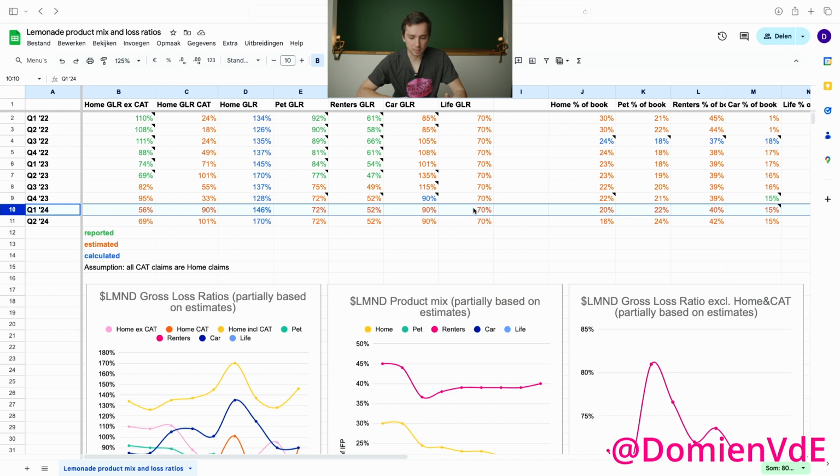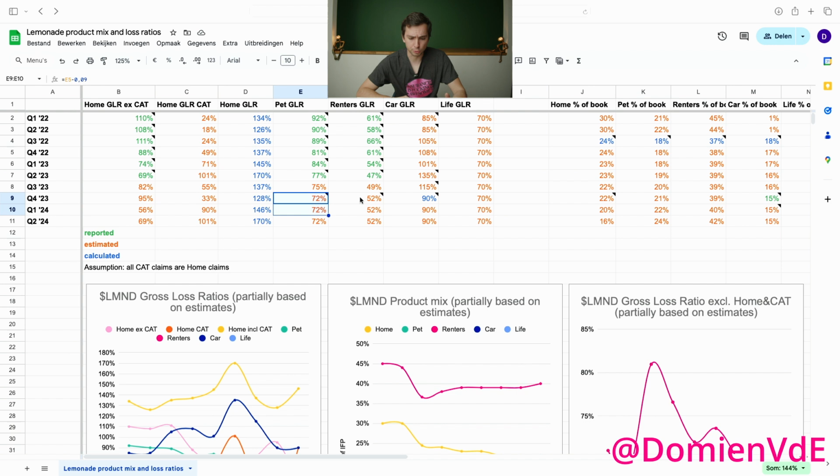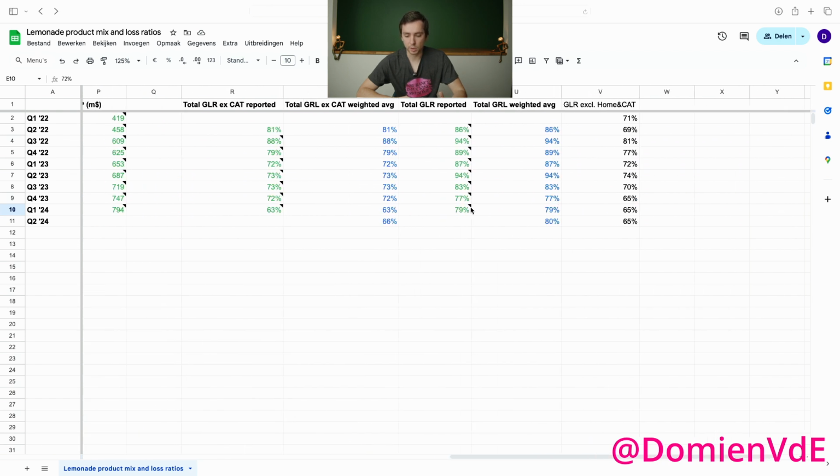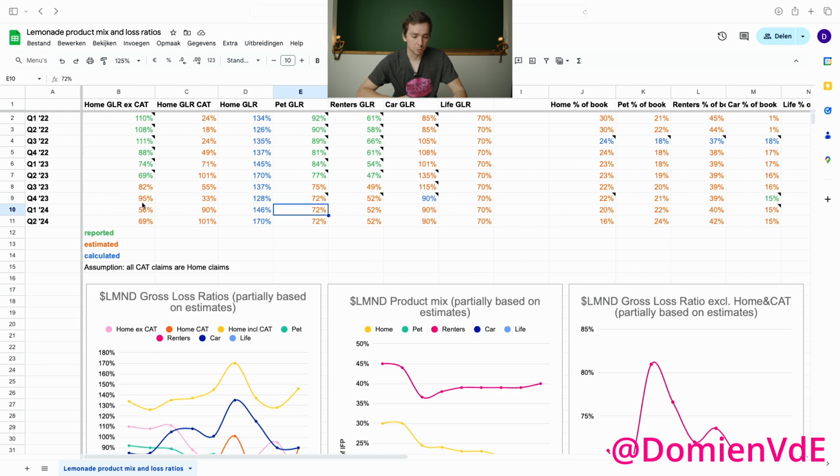So as you can see, I assumed that the loss ratios for pet, renters, life and car basically remained the same as the quarter before. I only changed some things around with the home gross loss ratios so that the weighted averages would work out. But since we don't have a lot of things to base our guesses on here, these might be off by quite a lot, right?